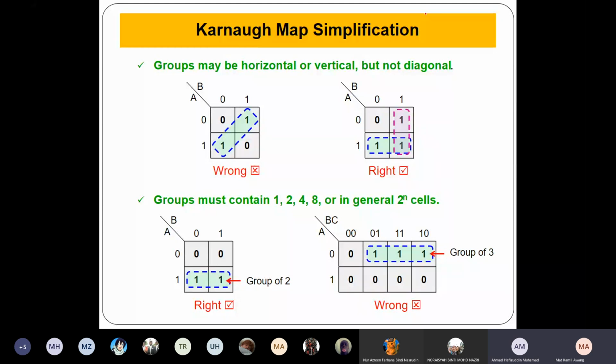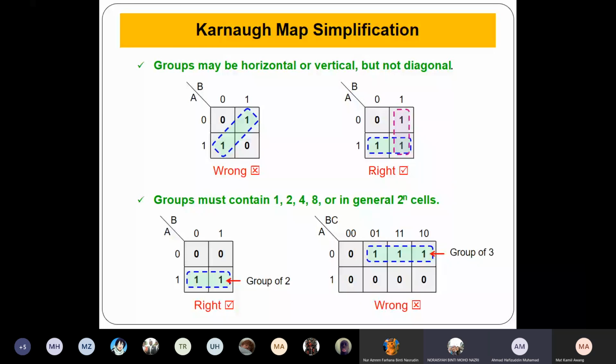Group may be horizontal or vertical, but not diagonal. You cannot group 1 with the 1 in a diagonal manner. You can only group either horizontally or vertically. You know why?